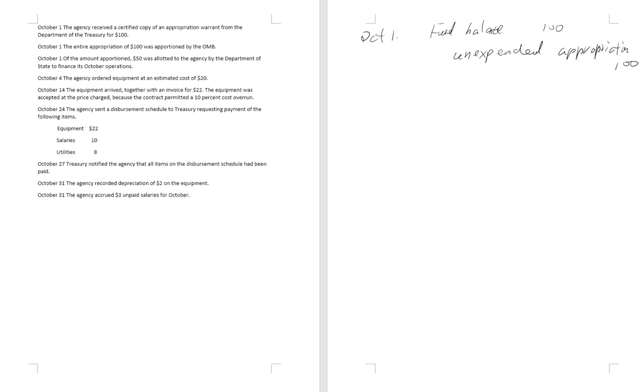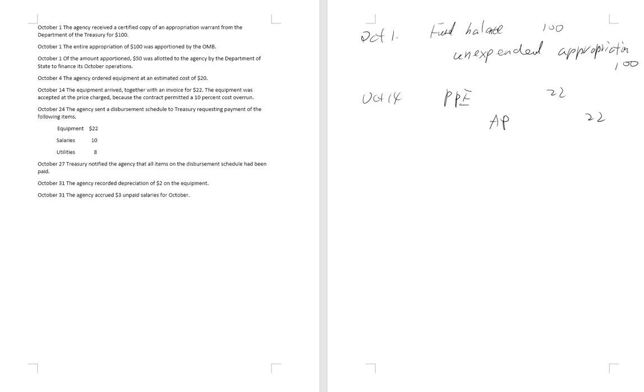And for the proprietary work, we're also going to record a journal entry because we received the equipment and the invoice, so we have an obligation or liability to record. On October 14th, we're going to debit the PP&E assets, equipment, for the total amount of 22, and credit accounts payable 22.